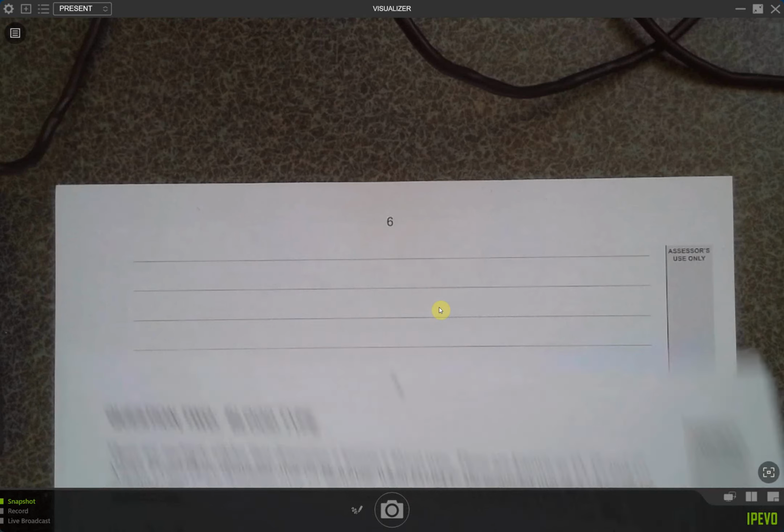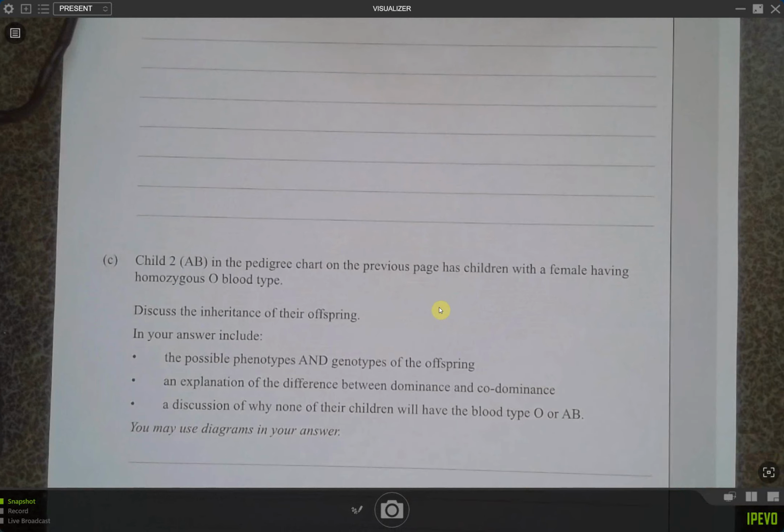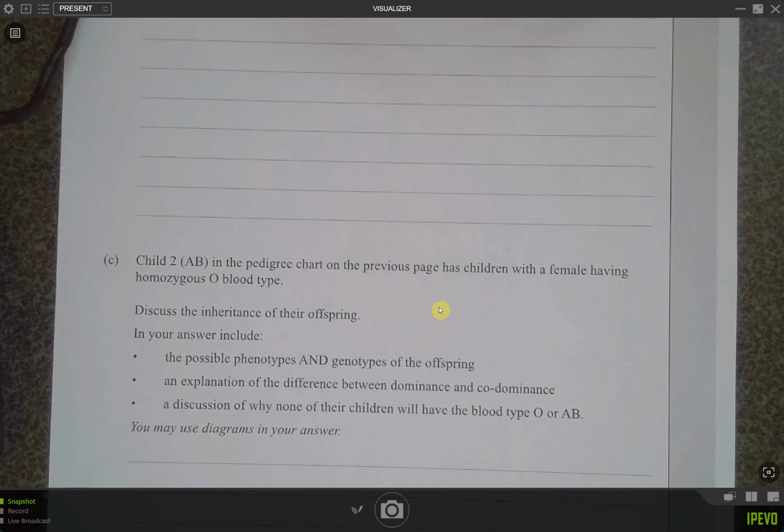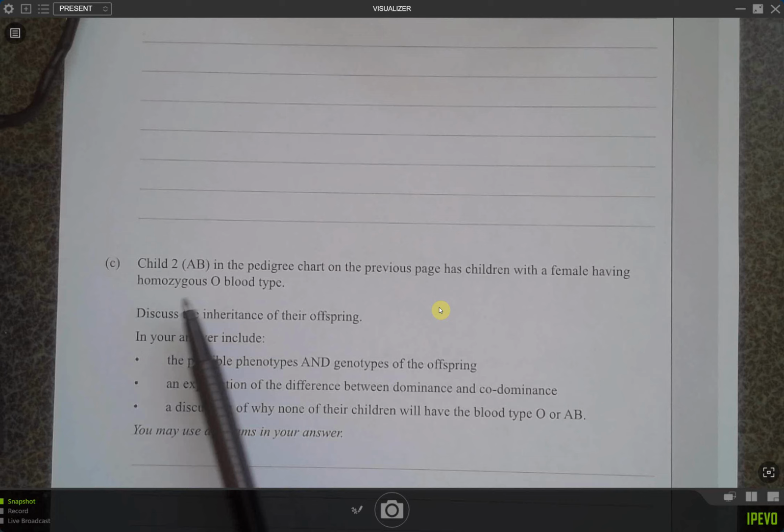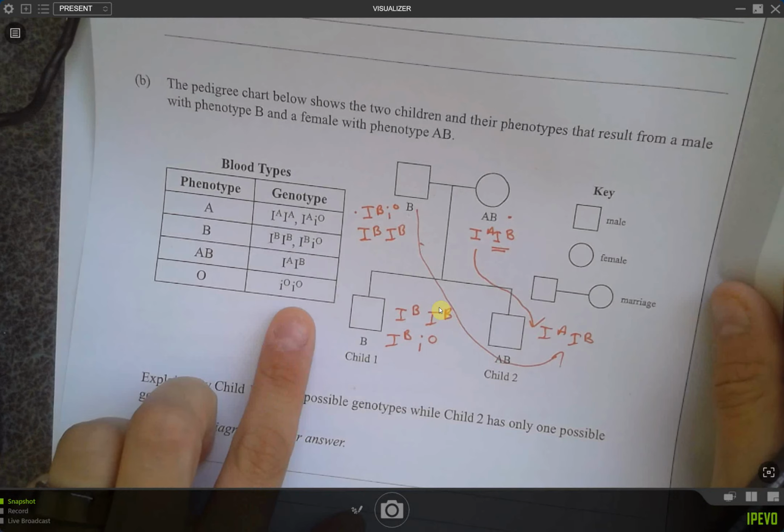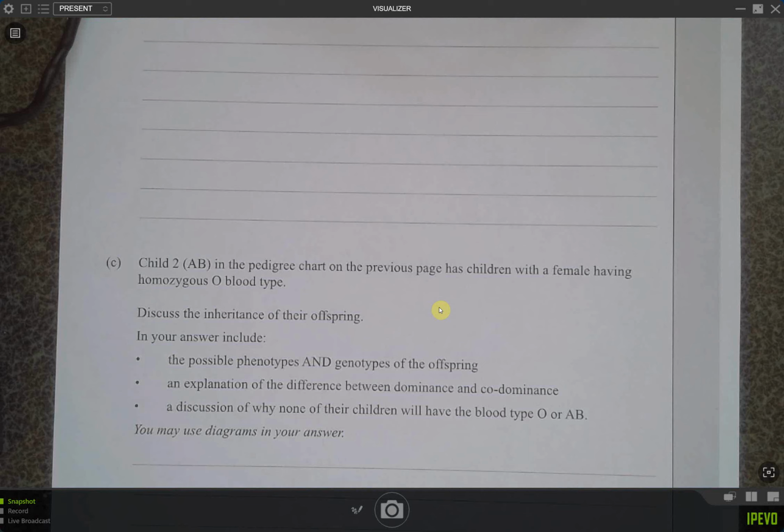All right, last question here then is looking at child 2, which is the AB, and they have children with a female that's homozygous O blood type. You can only have the homozygous recessive anyway, because you need to have both recessive alleles.